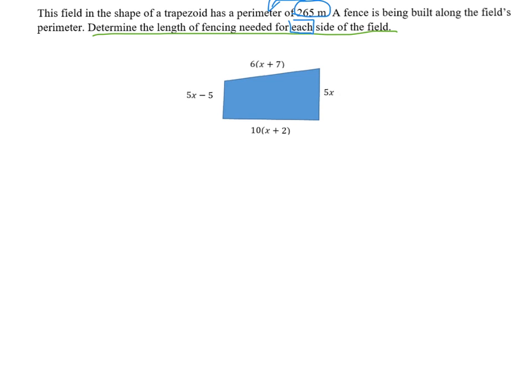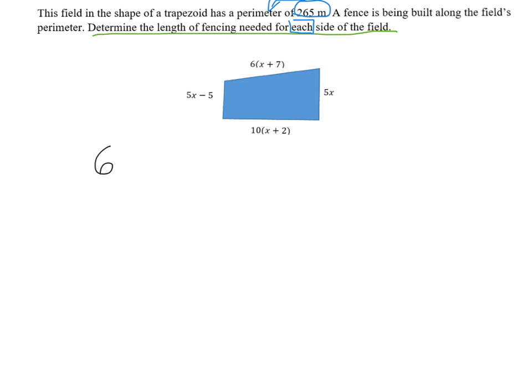So to start, what I can do is I can write an expression for the perimeter of this shape, and then once I've simplified that expression, I can then create an equation with the given perimeter of 265 meters. So let's start by writing out the expression.